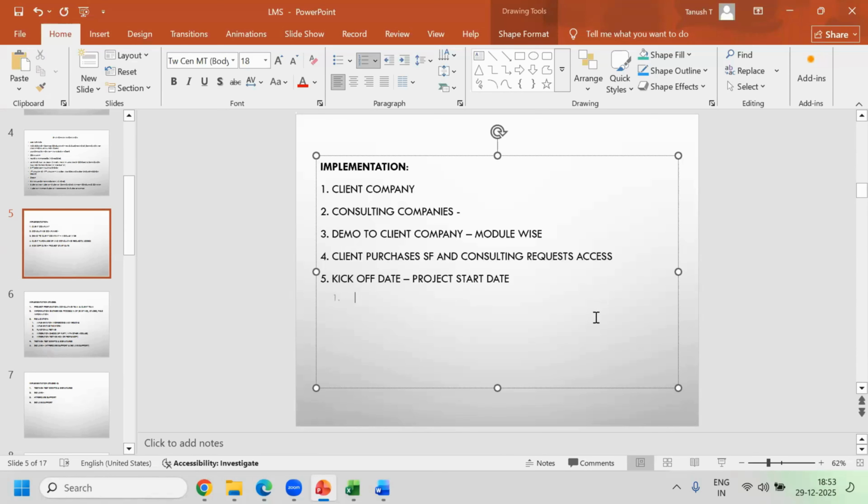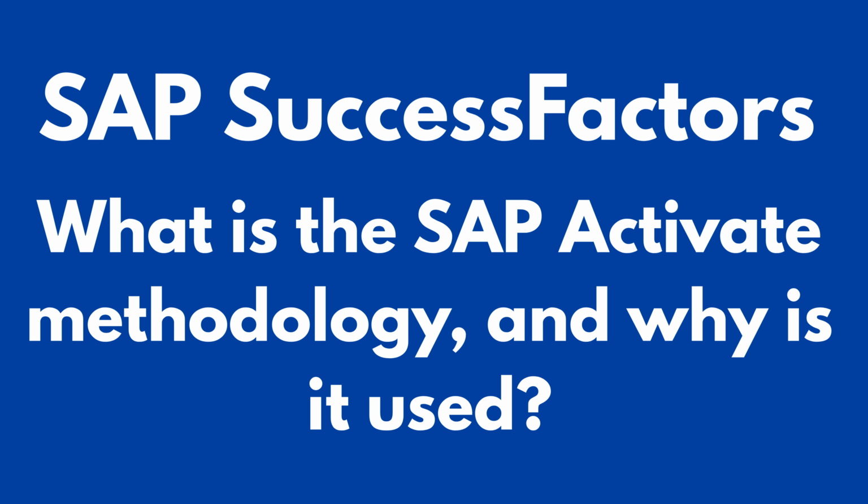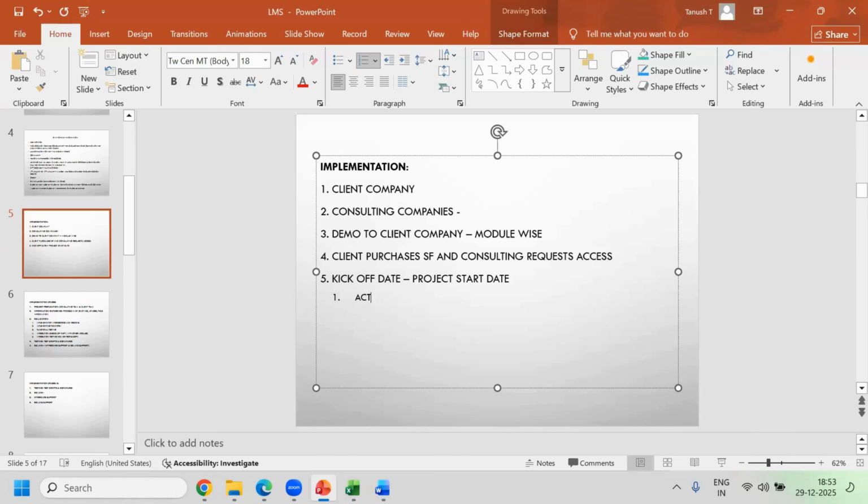The methodology that implementation partners currently use is the Activate methodology, where they realize what is needed, review it, and then implement the system.